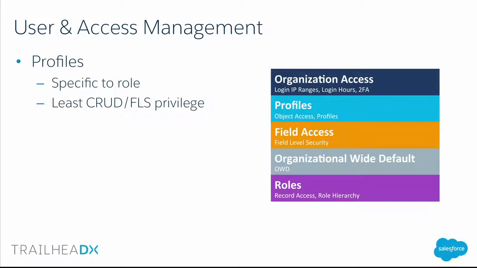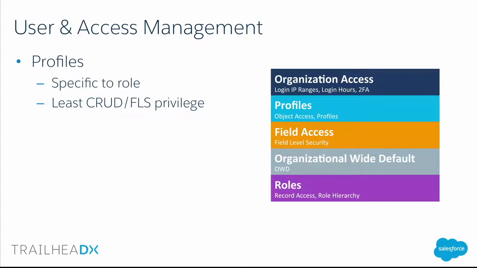Those CRUD and FLS permissions are set at the profile level. So when you create your profiles, you need to scope them down to the specific roles. Suppose you have, in your organization, a finance department and a sales department. People in the finance department shouldn't need access to the sales records.